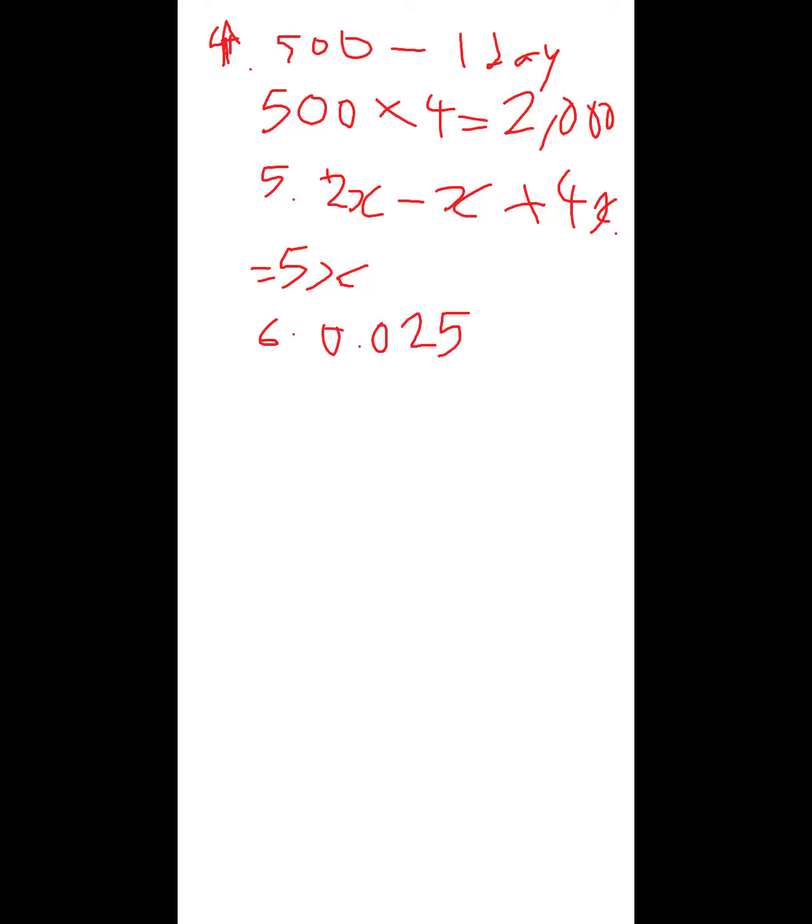And then I know 25 as a fraction is 1/4. As a fraction of what exactly? A fraction of a quarter. 25 as a fraction of a quarter is 1/4.